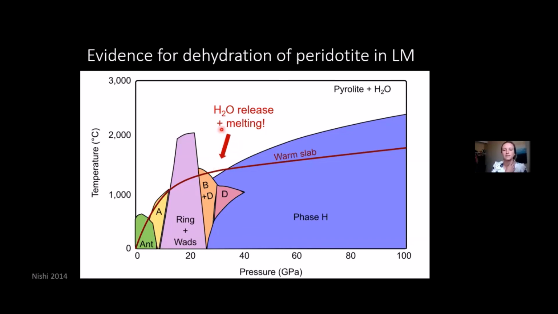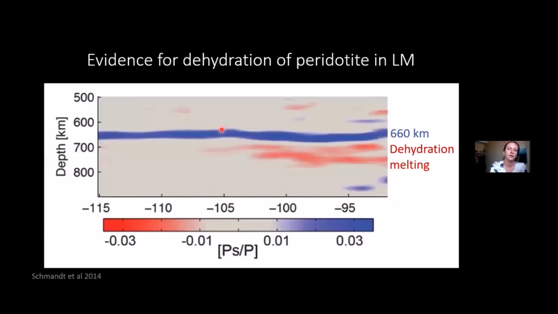And perhaps this release of water will facilitate some water flux melting of the surrounding mantle. And this was actually proposed in Schmandt's paper in 2014, where he suggested that maybe he could even see some of this dehydration-induced melting below the 660 kilometer discontinuity.